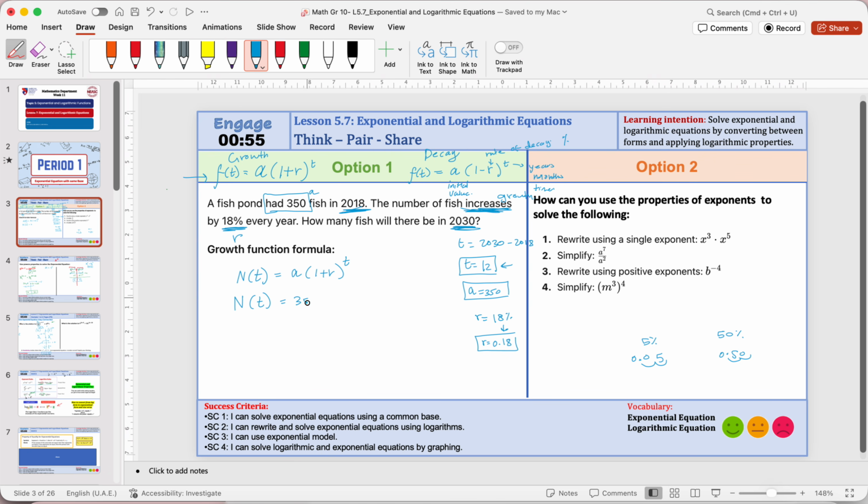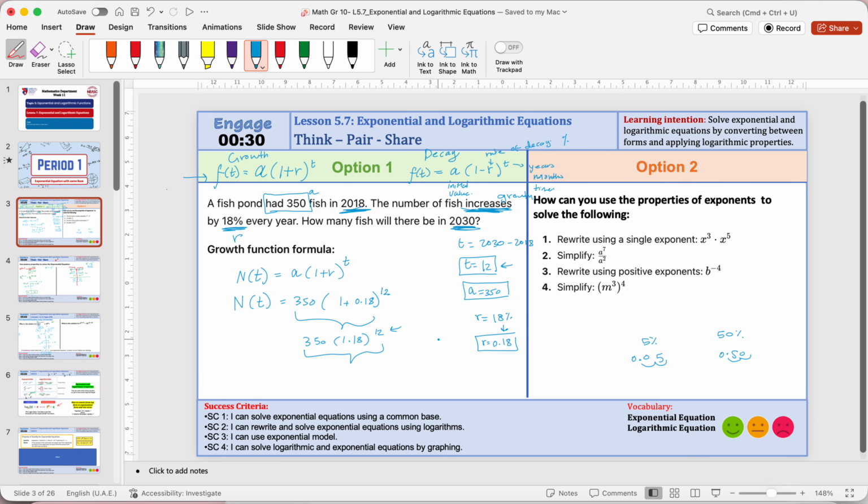A is 350, 1 plus 0.18, power is 12. So put this whole thing in your calculator. 1 plus 0.18 is 1.18. So 350 times 1.18 to the power of 12. That's the function. Put this in your calculator to find how many fish there will be after 12 years.